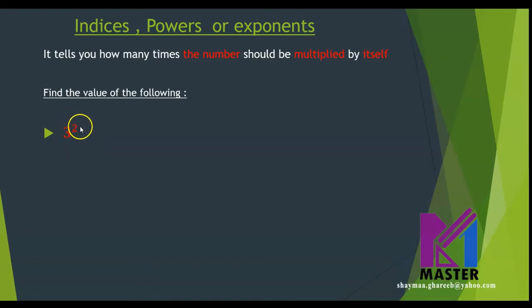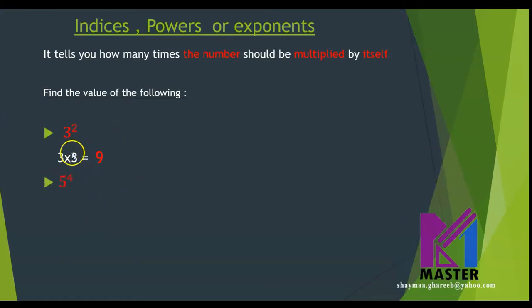So 3 to the power of 2 means that the 3 is multiplied by itself 2 times, not multiplied by 2. Please pay attention to this point. It's really important. So I'm going to multiply the 3 by itself just 2 times. 3 times 3 equals 9.